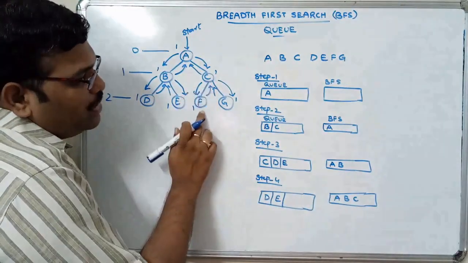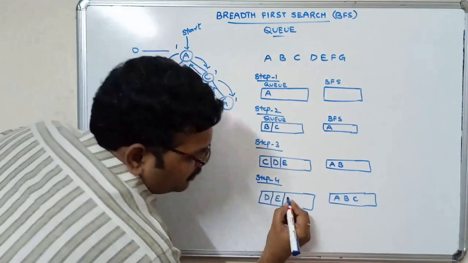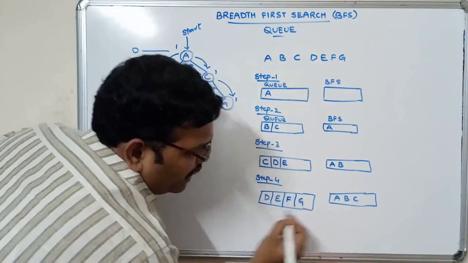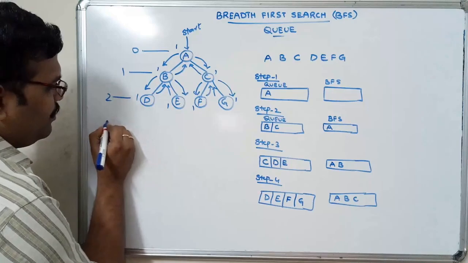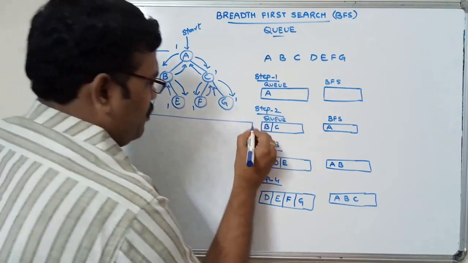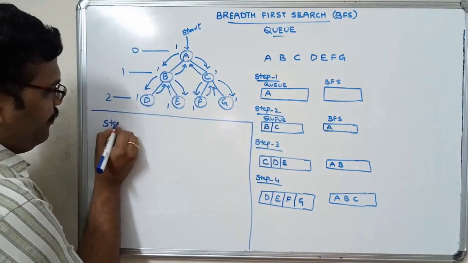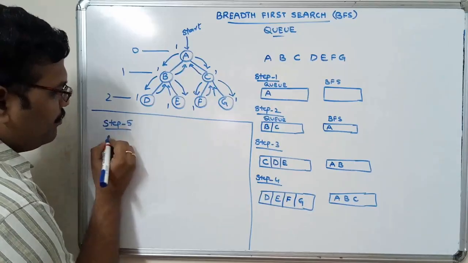What are the adjacent nodes of C? F and G. So insert them into the queue, F and G. So apply the same procedure. Step 5.